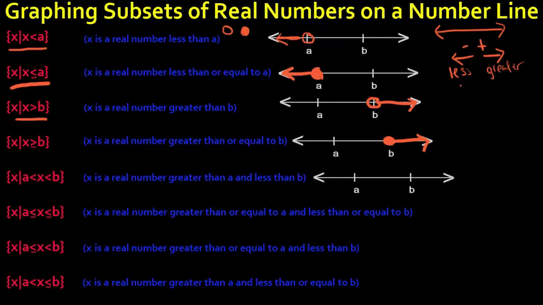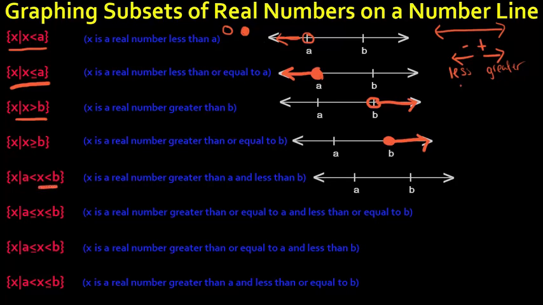Okay, x such that a is less than x and x is less than b. So this is saying x is a real number greater than a and less than b. Here's my trick for this. I start with the value that I know right off the bat, which is the right half of it, because it tells me right here.